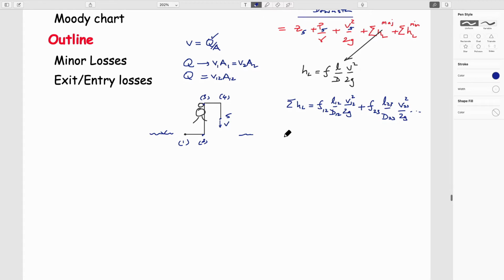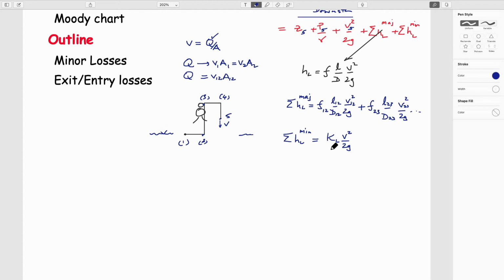Likewise, the sum of these are the major losses. The sum of the minor losses would be some coefficient, K sub L, times V squared over 2g.